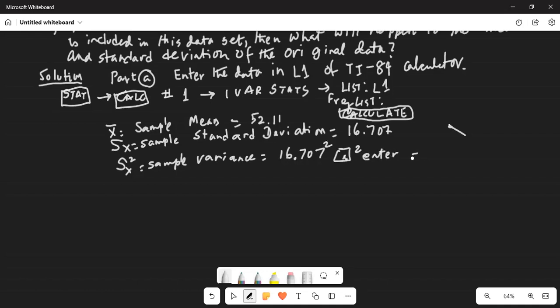So Sx squared, 16.707 squared, is 279.12.